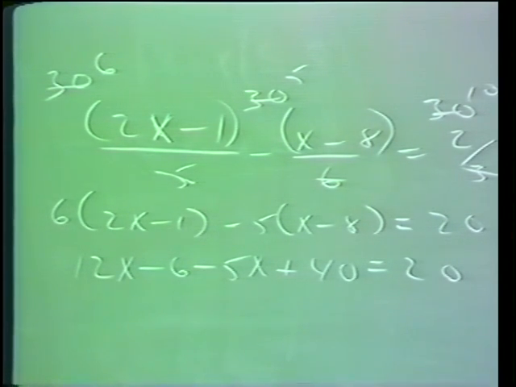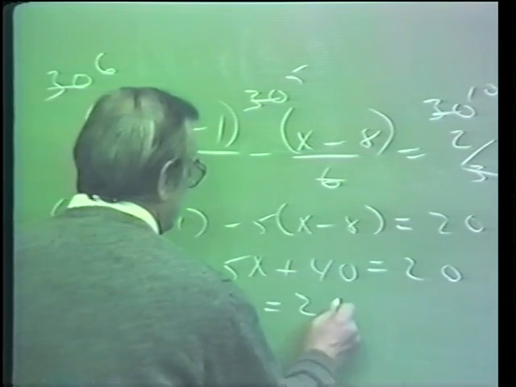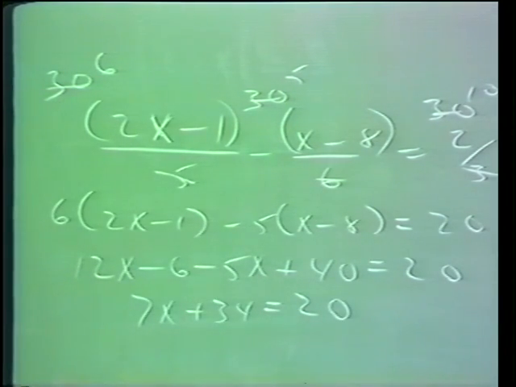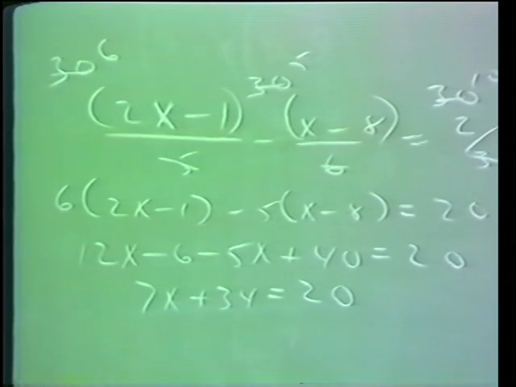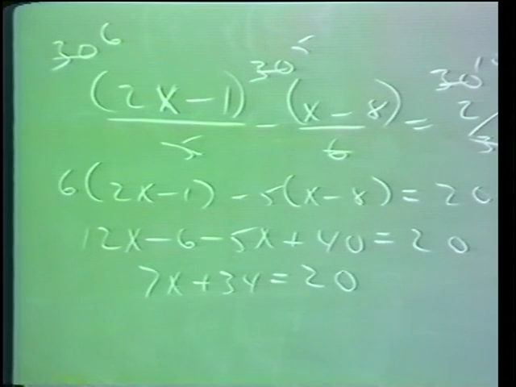Step 3 says to combine like terms. Well, here on the left we have 7x plus 34 equal 20. Step 4 says get all the terms with x on one side. Notice we have all the terms with x on one side.